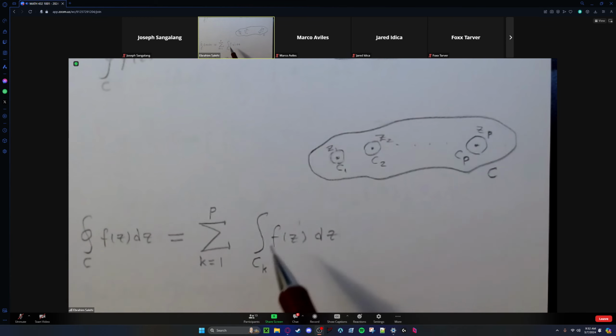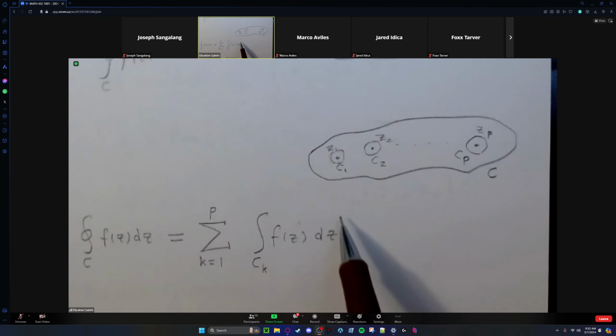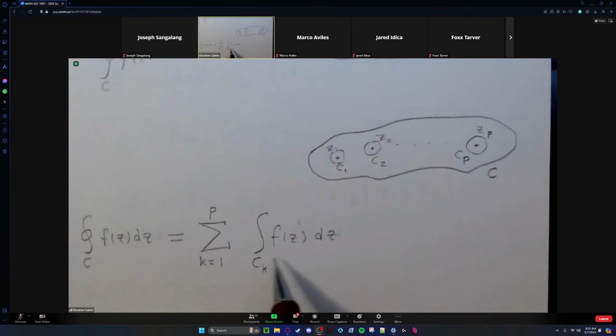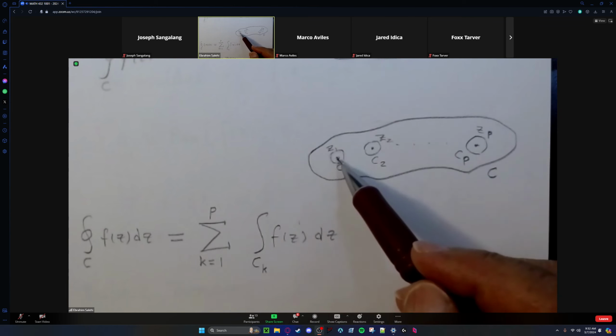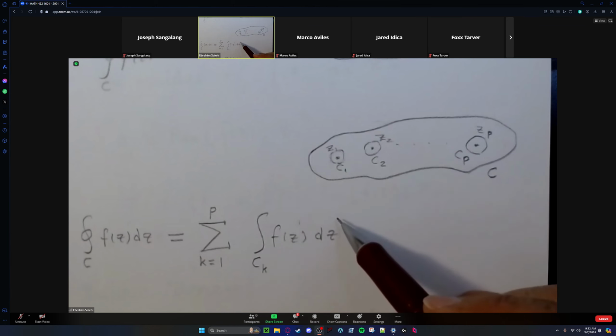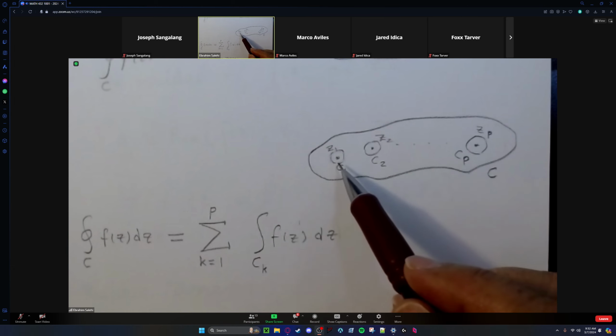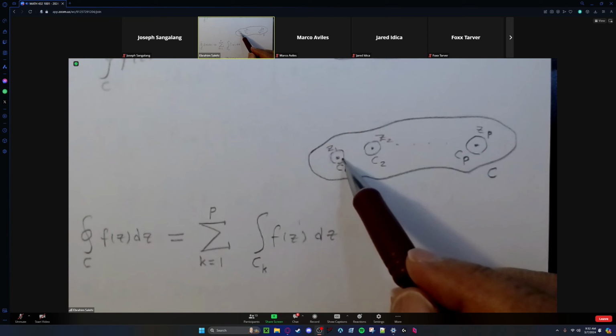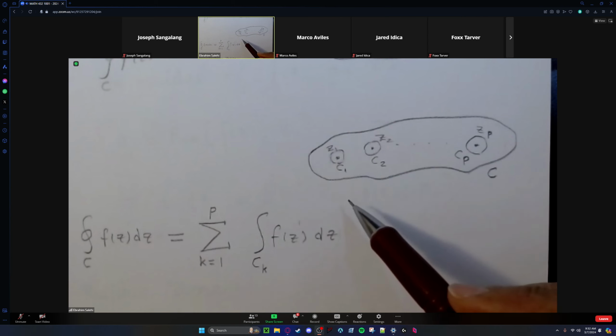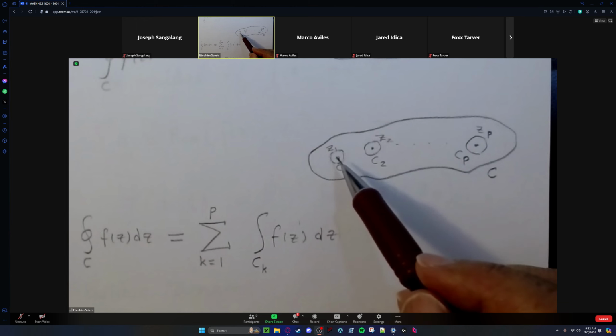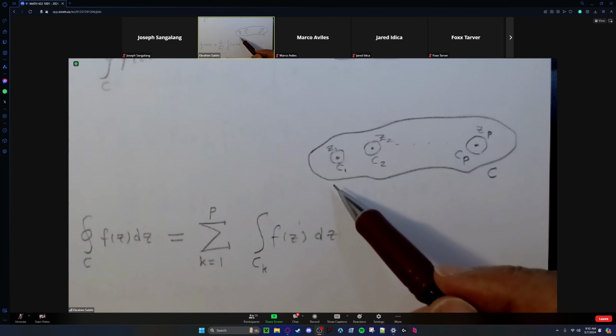Now, the question is, what about this? We would like to find this. Well, depending on the bad point, of course. Since there is one bad point here, called z1, if we write the Laurent series here, the coefficient of 1 over z minus z1 is what we call the residue, right?